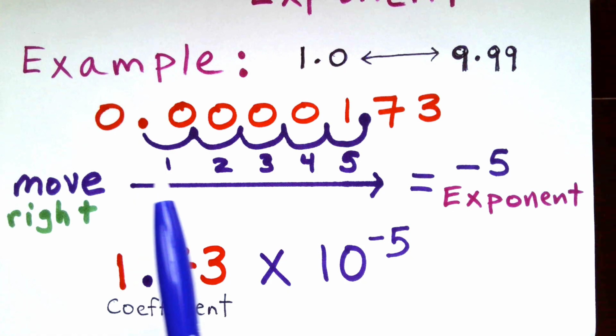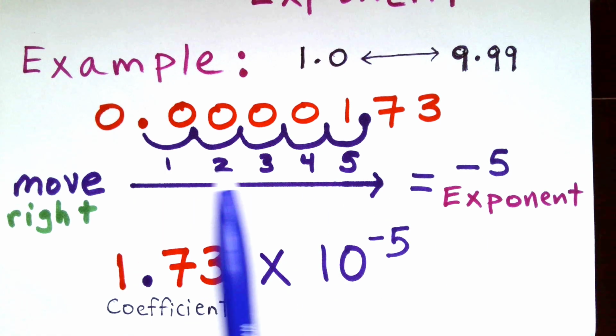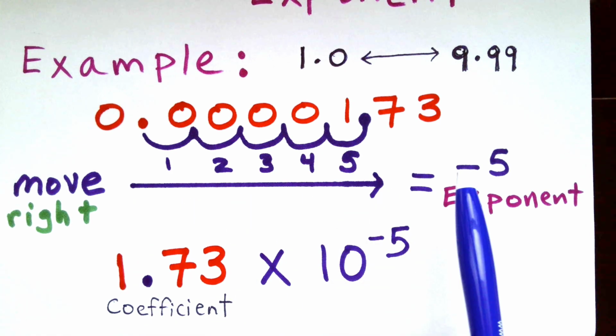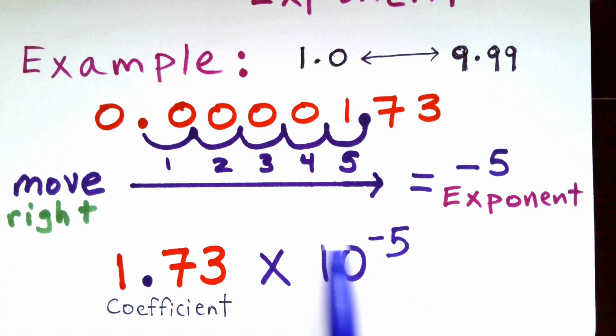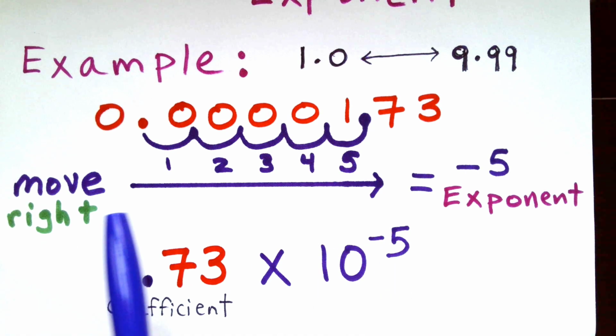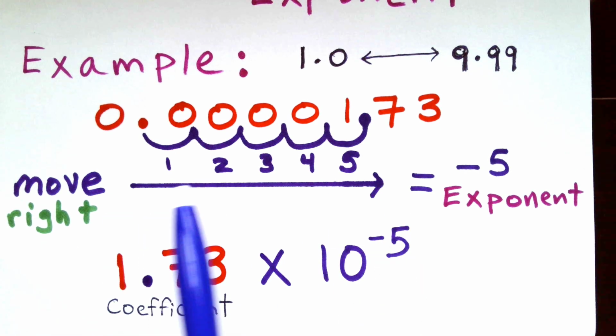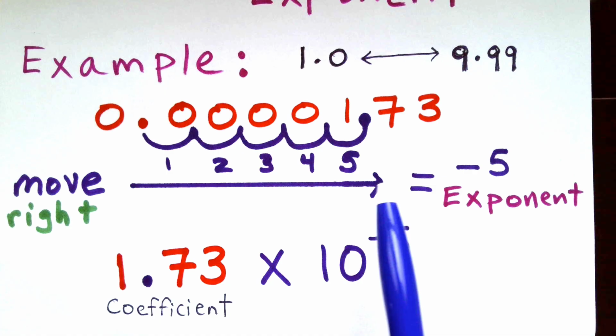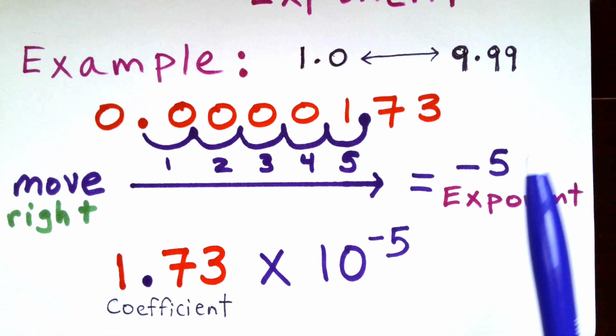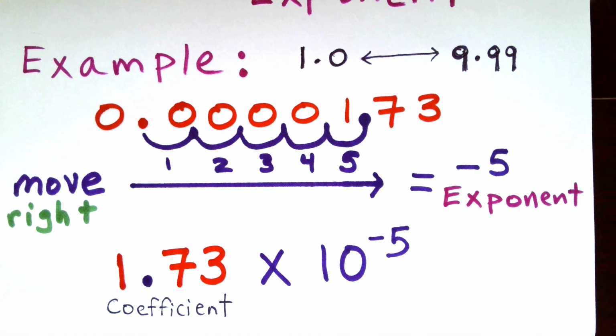And again, when you move the decimal to the right 5 times, it's going to be a negative 5. Because again, that's the rule. You move it to the right, however many times you move it, that's your exponent value. You move to the right, it's a negative exponential value.